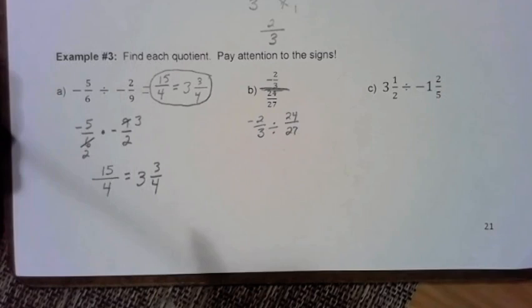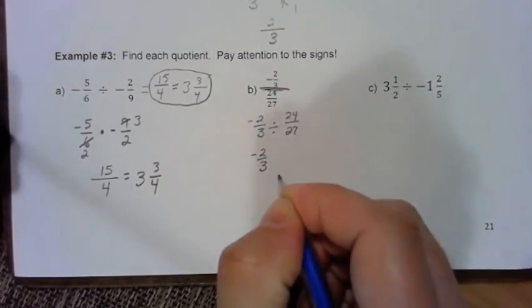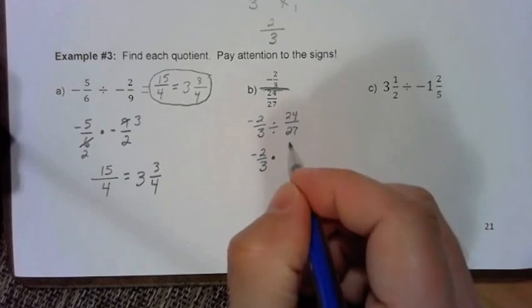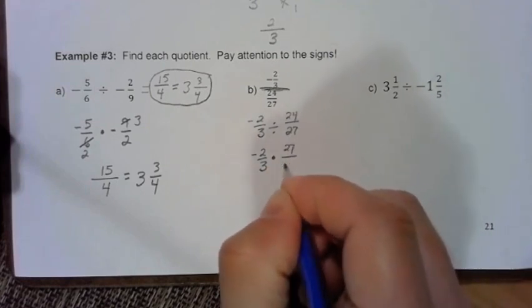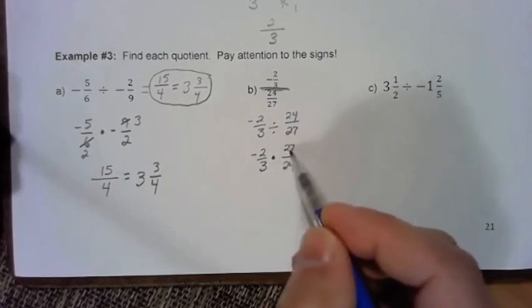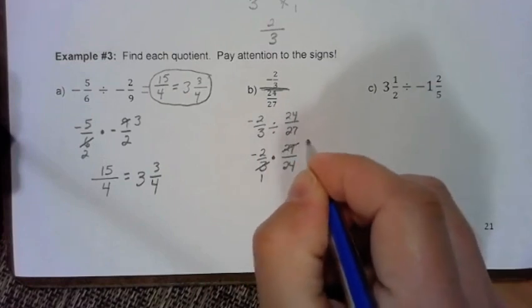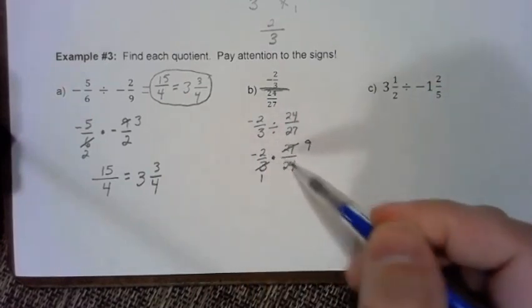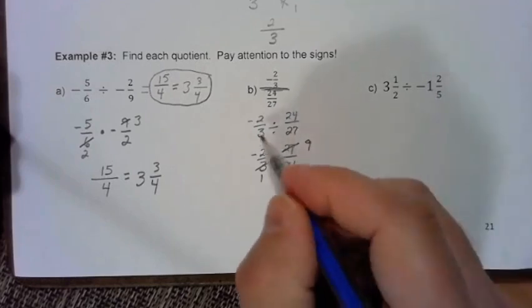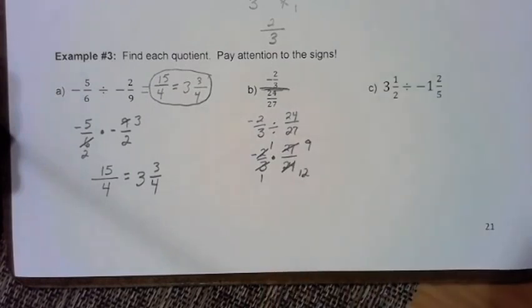I'm going to use my multiply by the reciprocal form to figure out what the answer is going to be. So I'm going to keep negative 2/3 unchanged. I'm going to multiply by 24/27's reciprocal, which is 27/24. Now I'm going to see if I can simplify before I multiply. 3 and 27 have a common factor of 3. 3 goes into itself once and into 27 9 times. 2 and 24 also have a common factor of 2. 2 goes into itself once and into 24 12 times.